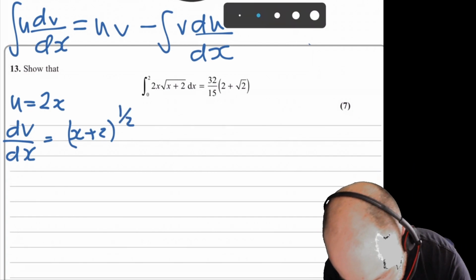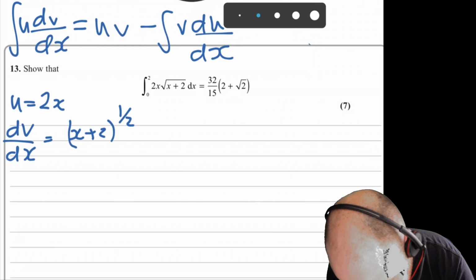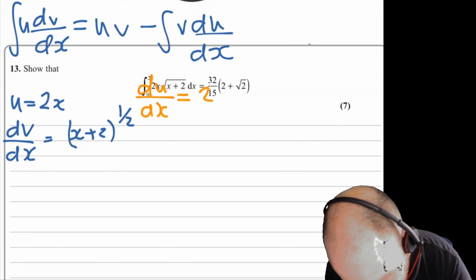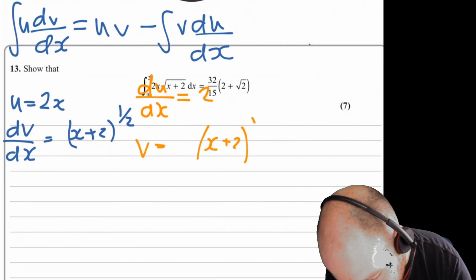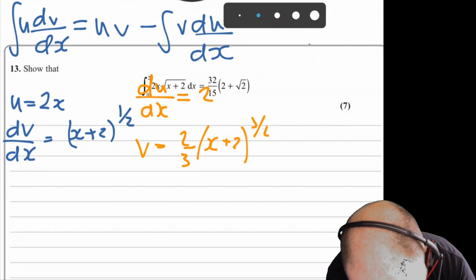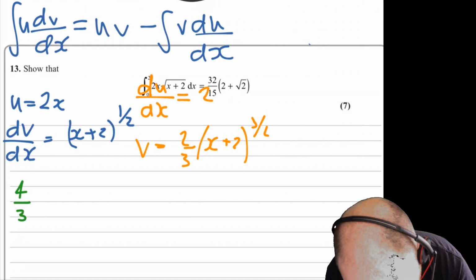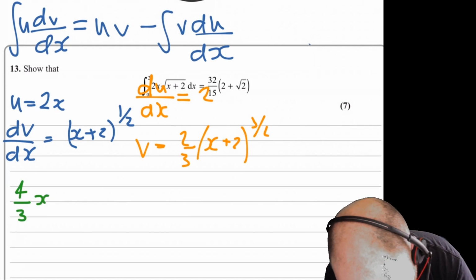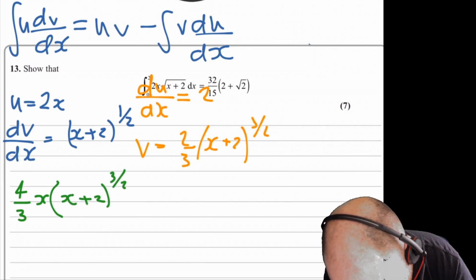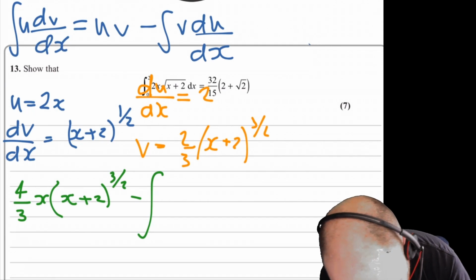root x plus 2, or x plus 2 to the half. So we need to differentiate these, so I'm going to get du dx, it's going to be 2, and v, it's going to be integral of this one, x plus 2 to the 3 over 2 times 2/3. So put all this together, uv, so 4/3 x times x plus 2 to the 3 over 2 minus the integral of v du dx.